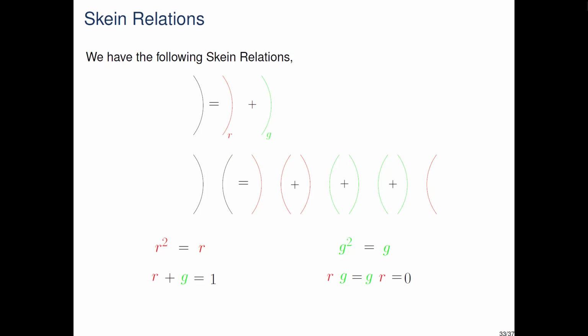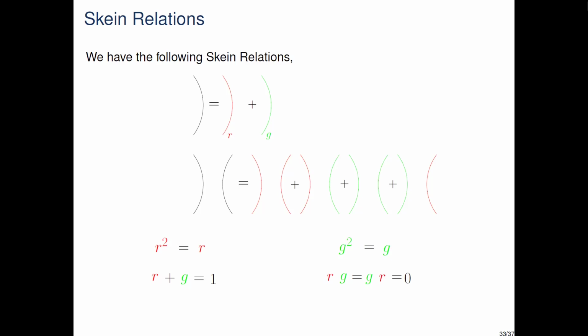So R squared is equal to R. It basically means that I can glue the monochromatic edges. If both of the edges are of the same color, I can glue them. Similarly, G squared is equal to G. That's what it is saying. So R plus G is equal to 1. That is the same condition as the first one, that any uncolored edge gets the two colors, red and green. That's what corresponds algebraically to R plus G is equal to 1.